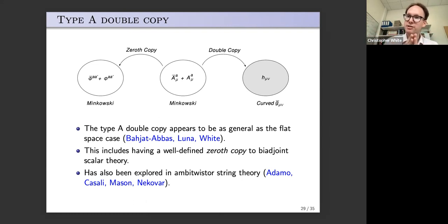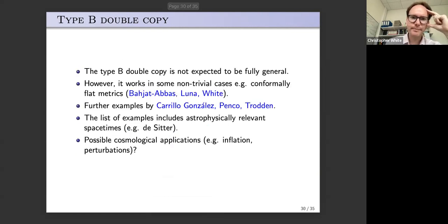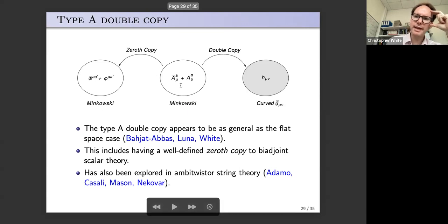You've essentially just, instead of perturbing around the vacuum, perturbed around a different background, and you could get nonlinear corrections on that, such that the nonlinear corrections in gravity are double copies of the nonlinear corrections here. I don't think that's impossible, but indeed I don't know of any cases. There's no linearity necessarily assumed in saying that the sum of these is a solution. What this amounts to essentially is that you have perturbed your solution about this background rather than about the vacuum.